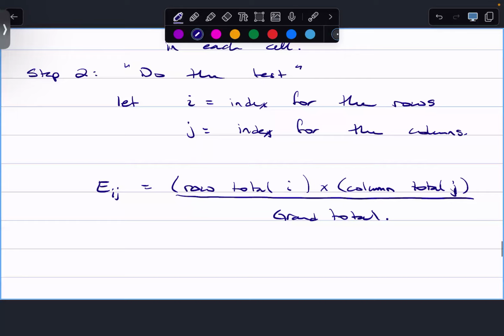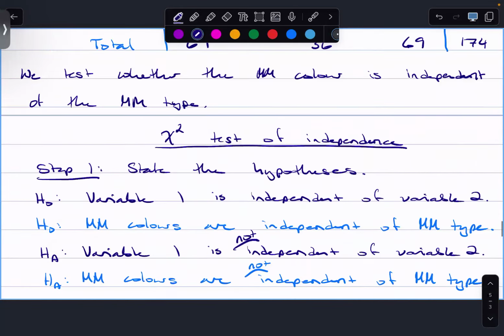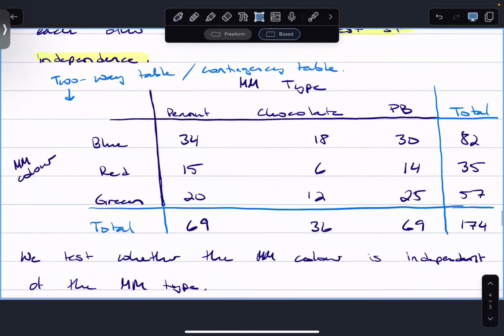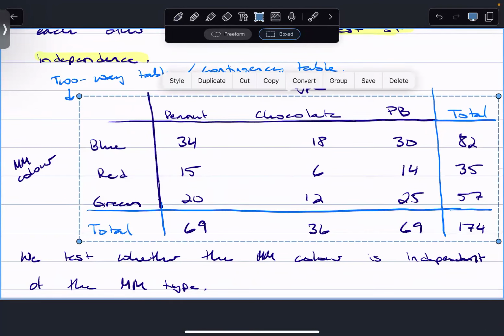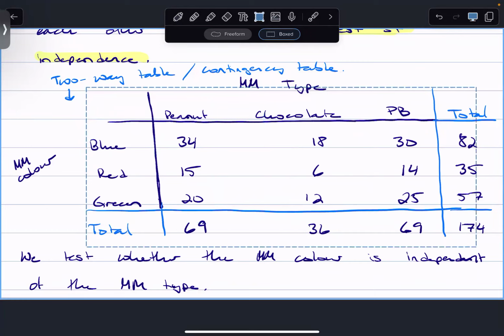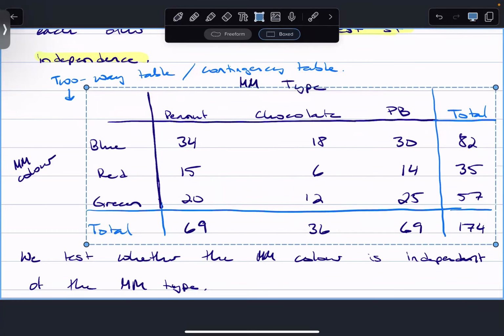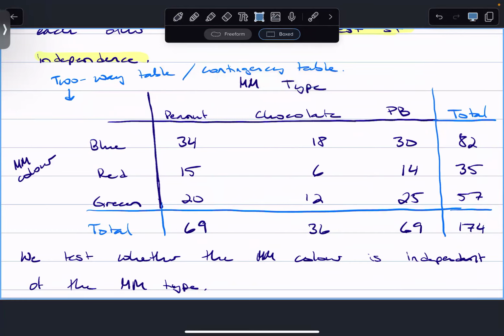So for each one, I'm gonna snag these. And like I was saying, the grand total is the 174 down at the bottom.